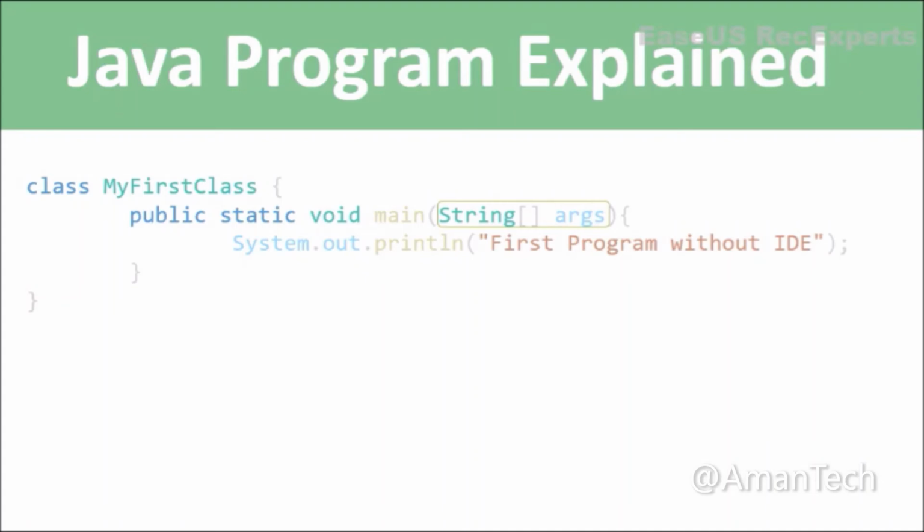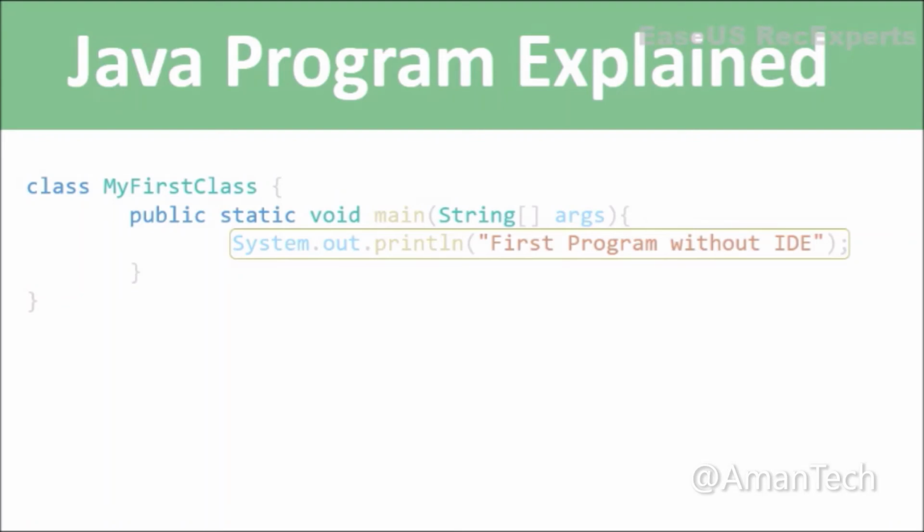These are the arguments which can be passed to a Java program while we are executing it. And in the end, we have the System.out.println statement which will print "First program without IDE" on your console. So this is how the program is structured. Then we have the closing brace of the method and then of the class.